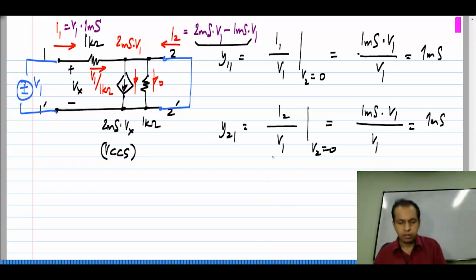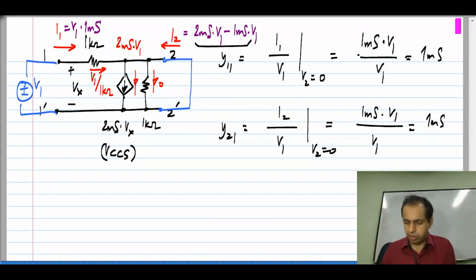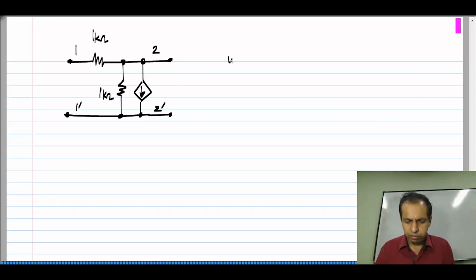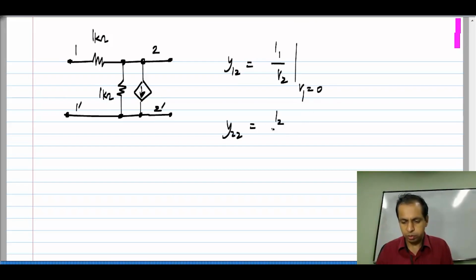Okay. Then we have to calculate the other two parameters. We have to calculate Y12, which is I1 by V2 with port 1 shorted, and Y22, which is I2 by V2 with port 1 shorted.